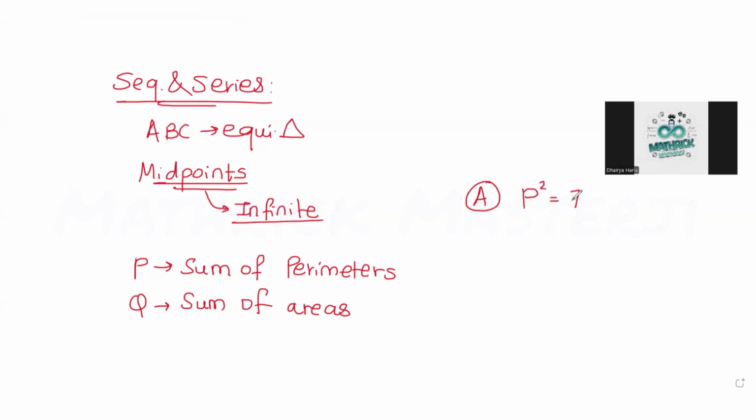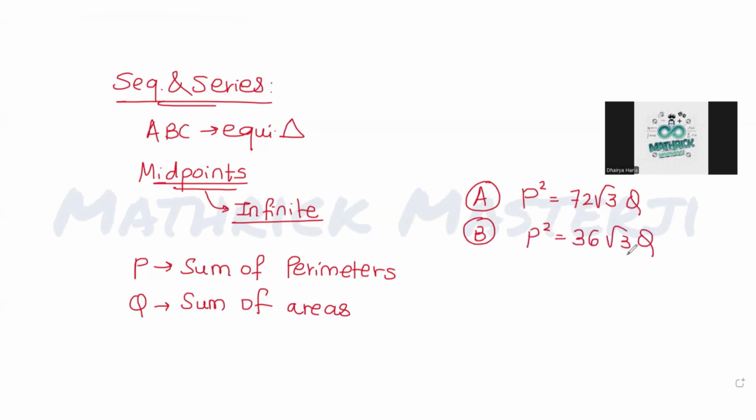A: P square is 72 root 3 Q. B says P square is 36 root 3 Q. C says P is 36 root 3 Q square. And D says P square is 6 root 3 Q.